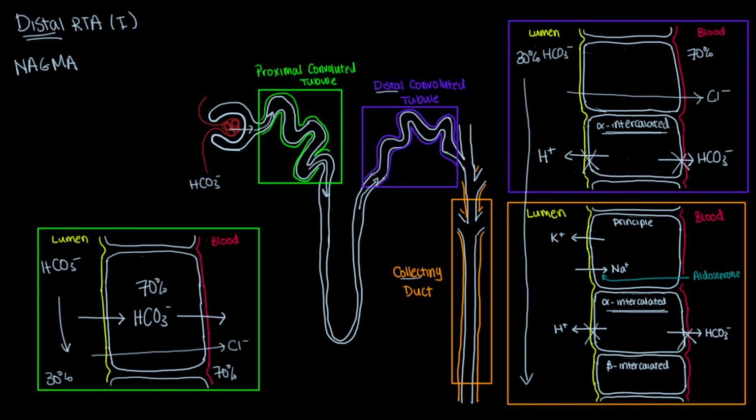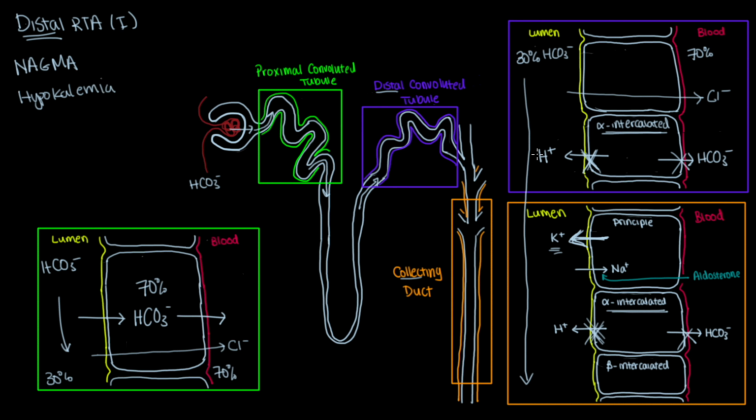Now, because the alpha intercalated cells are not able to provide as much acid into the urine, a lot of the heavy lifting of providing positive charge to balance out the negative charge of bicarb is provided by potassium. So a much larger amount of potassium is being lost into the urine. This overall causes a state of hypokalemia.